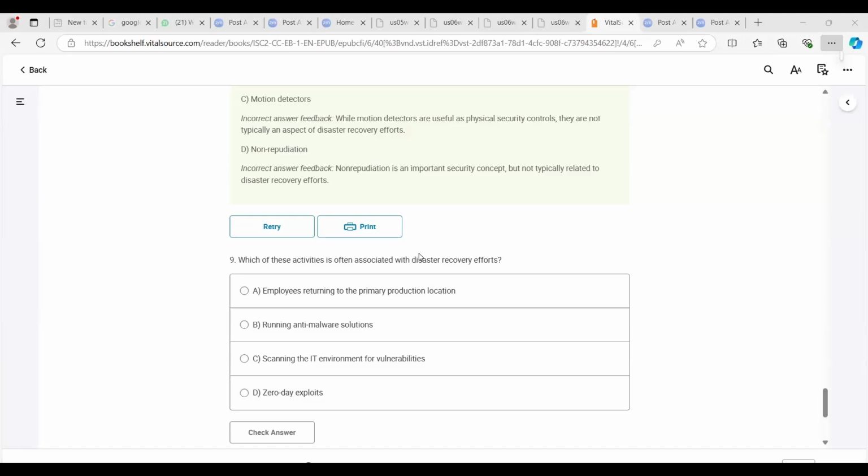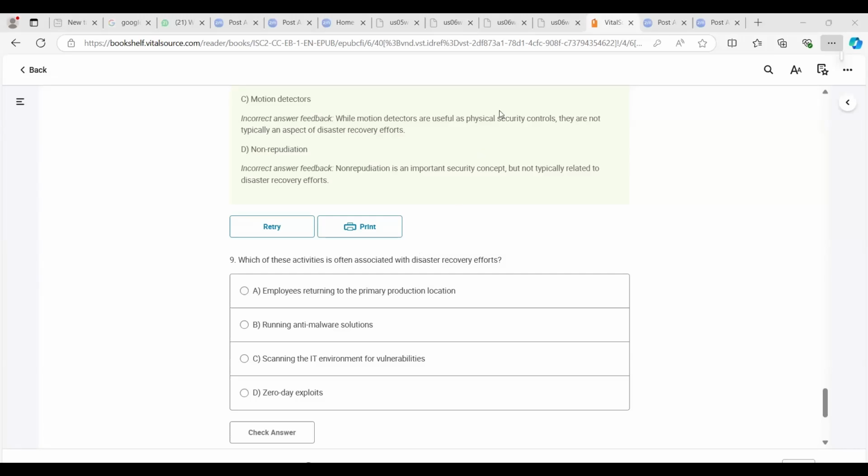It's straightforward. Very straightforward. What's the answer? A.